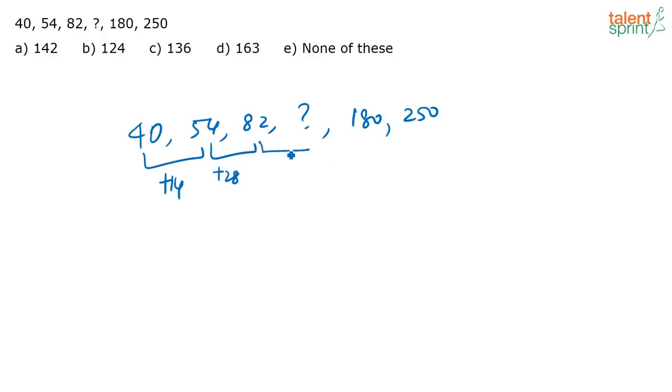So here it has to be 28 again plus 14. If you do, you will get 42, correct. 42. That plus 56 should give you 180 and so on. So 82 plus 42 will be 124. So the required answer here is 124, that is option B. So 124 plus 56 gives us 180 and so on. So that's the pattern here.